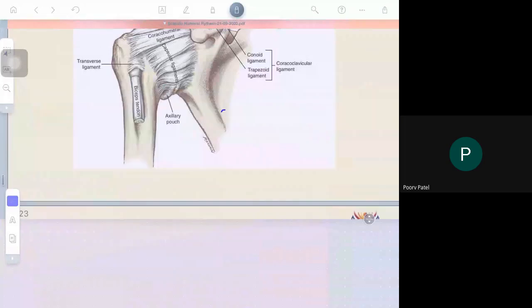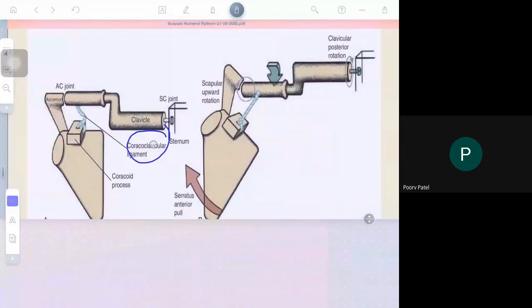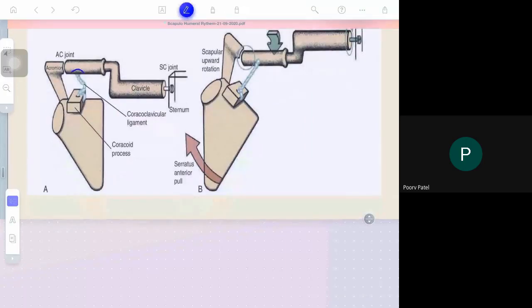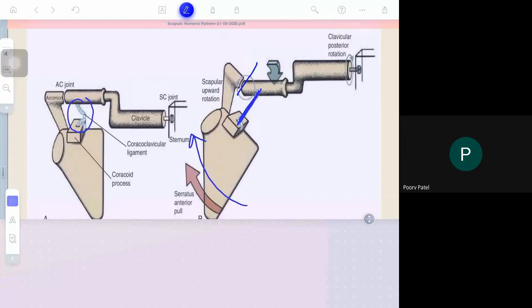I will take this diagram again. Initially the ligament is lax. As the scapula is rotating upward, this ligament has become taut. Now, with the taut ligament, further external rotation will rotate the clavicle posteriorly.